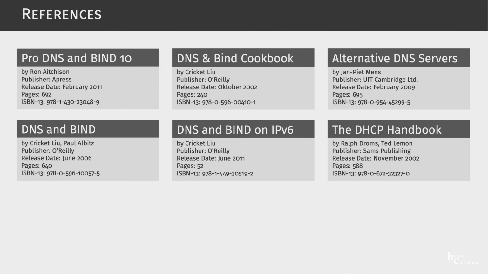So I'm pretty sure, meanwhile, there should be something available for the Kea DHCP, but other than that, the fundamental reference with regards to DHCP is still the DHCP Handbook.